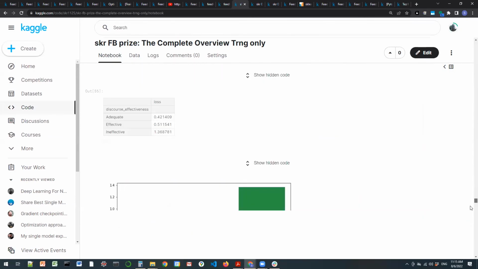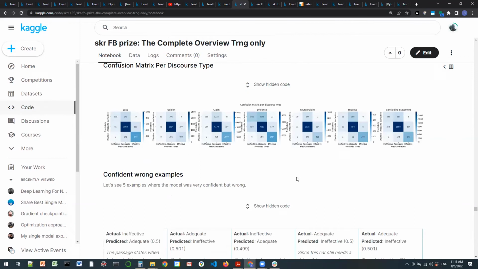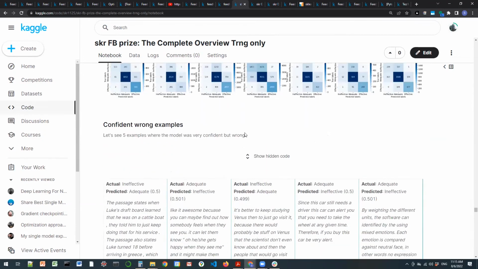I haven't seen it, but it seems like a good, definite attempt can be made at trying to see whether, if you do it per discourse type, these results can be improved, and whether, because it is just dealing with the discourse type, it gives you any better results than a single model.